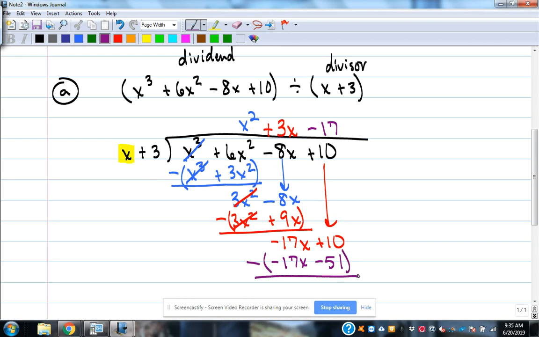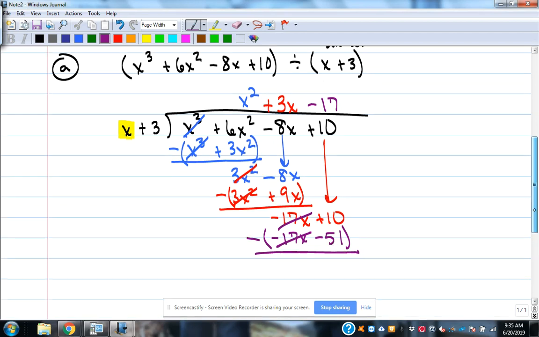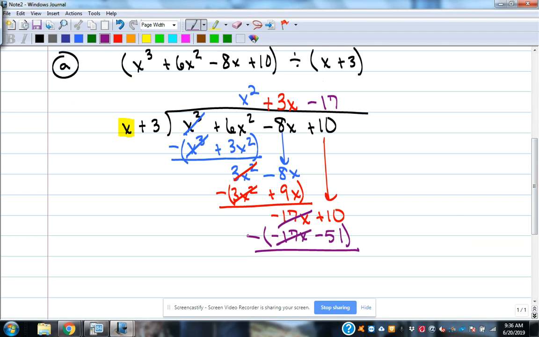Parentheses, subtract. Negative 17x minus negative 17x, that's going to cancel each other out. That's what we want to happen. And then we've got 10 minus negative 51. Double negative there, so that's going to be 10 plus 51, which is 61.